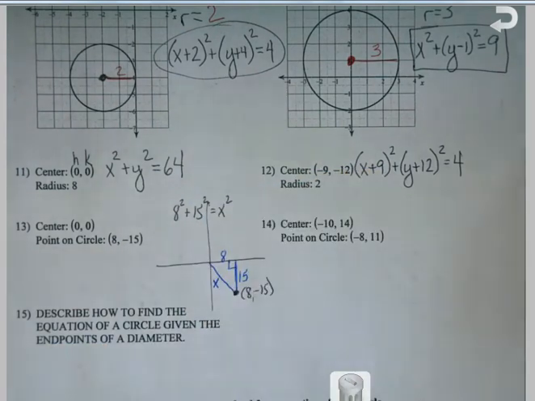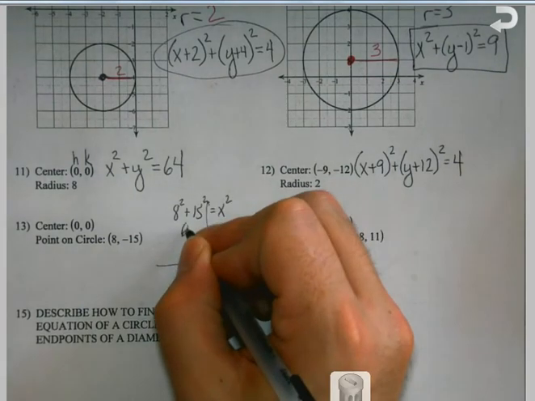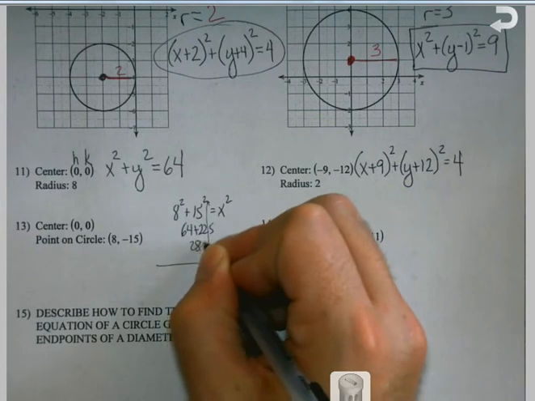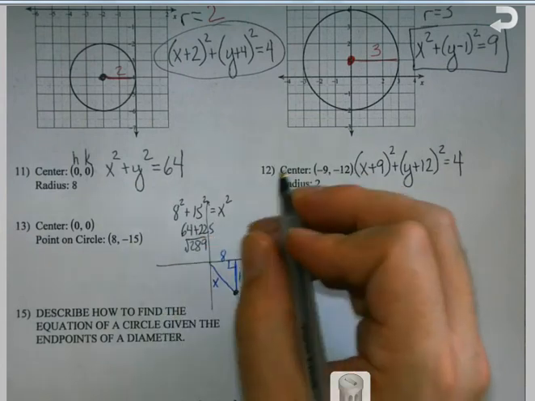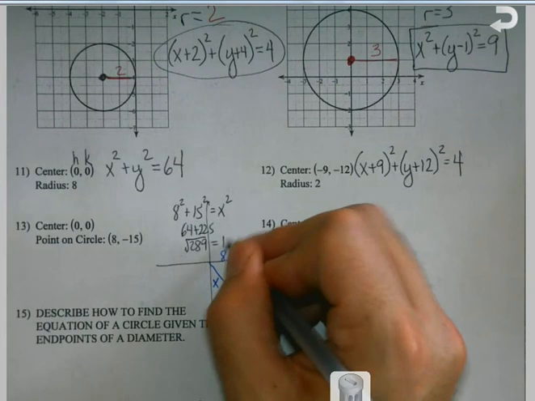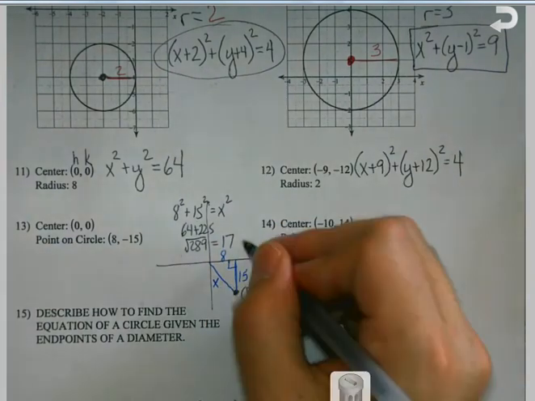I've got to figure out what that x value is, because that's what my radius is going to be. So let's see here. 64 plus 225 is 289. And I believe that's 17, but we'll come back to this in a minute.